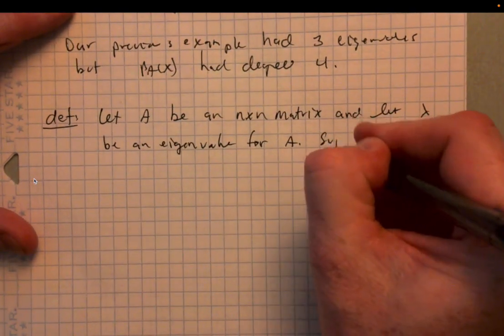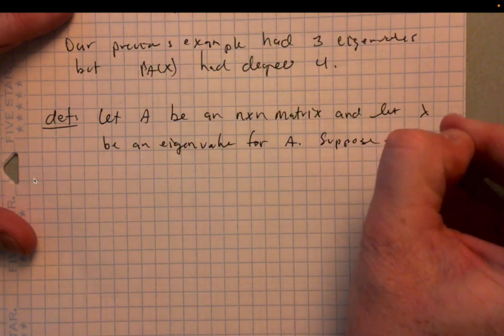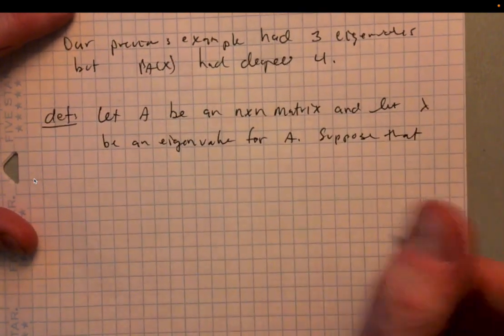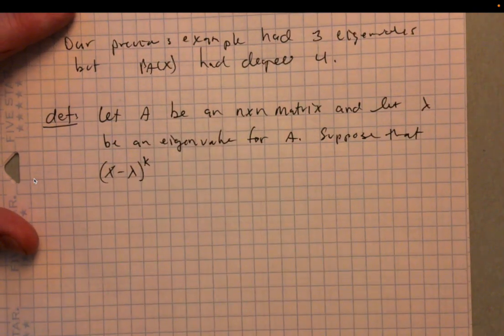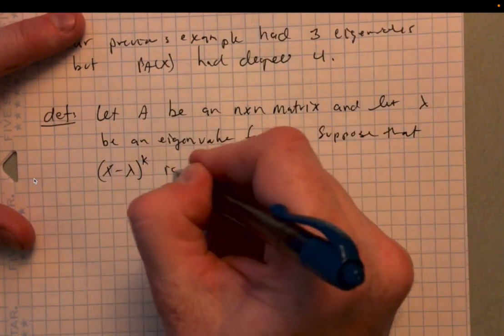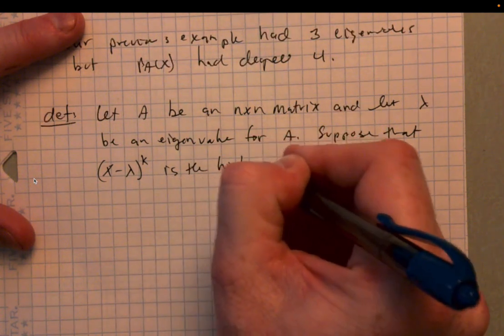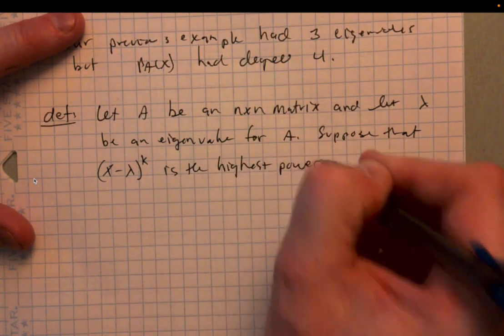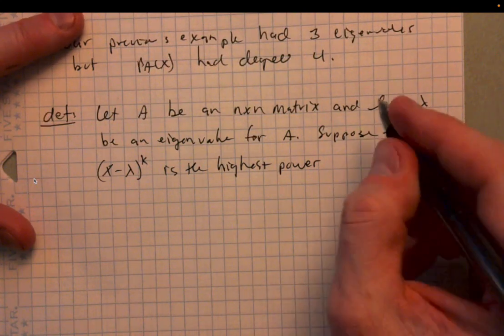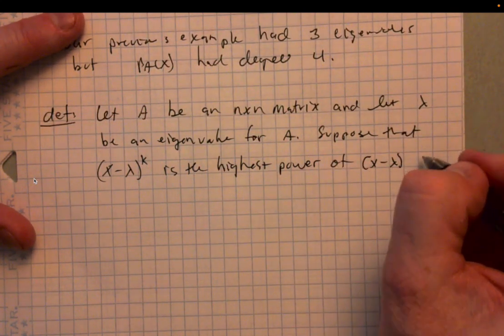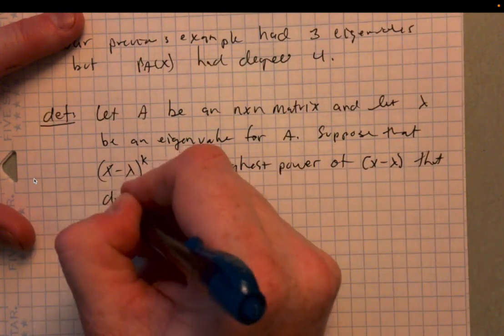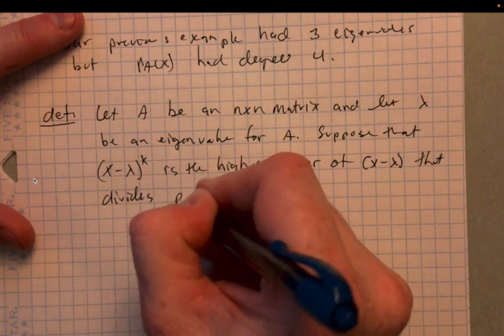Let's suppose that (x minus lambda) to the kth power is the highest power of x minus lambda that divides P_A(x), right?